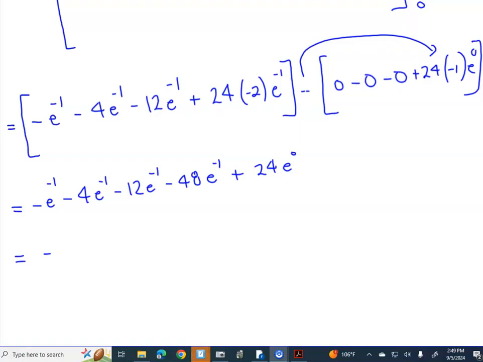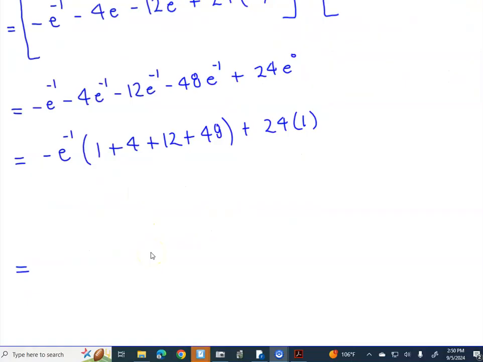So if we factor out a negative and then e to the negative 1, we have 1 plus 4 plus 12 plus 48 plus 24 times 1. So 1 plus 4 plus 12 plus 48 is 65. If we write the positive number first, we have 24 minus 65 e to the negative 1 power.